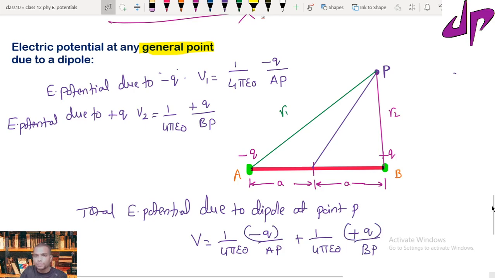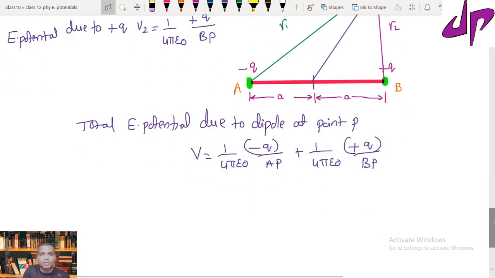Now we can sum up by substituting the value of AP and the value of BP.